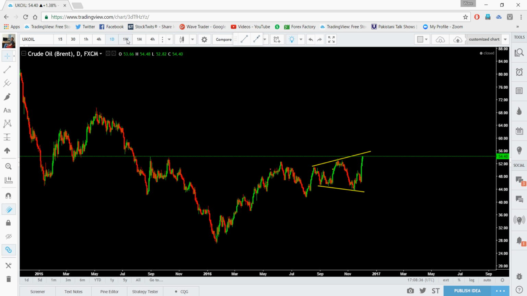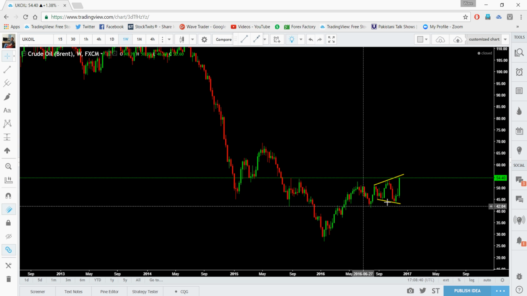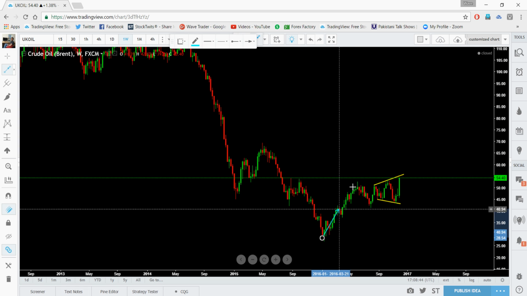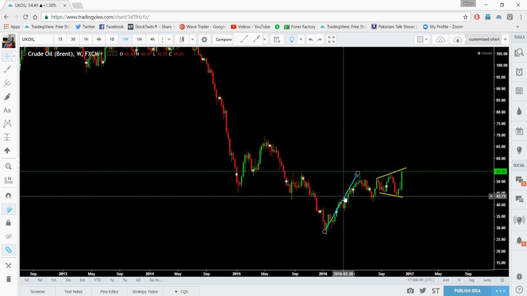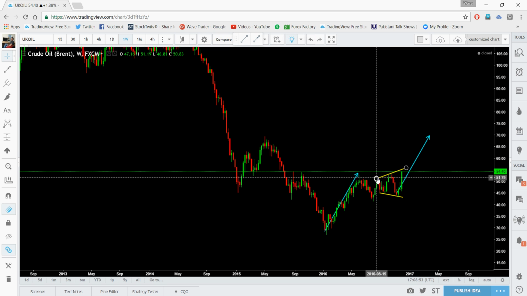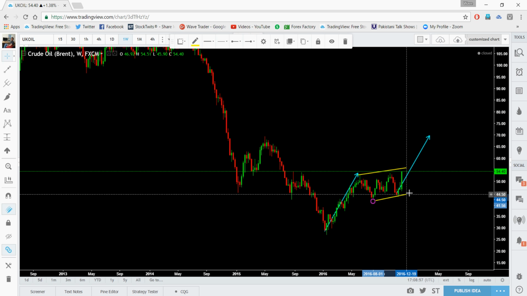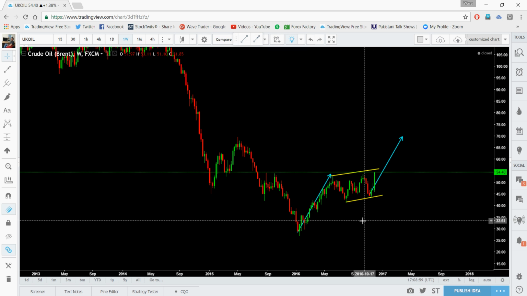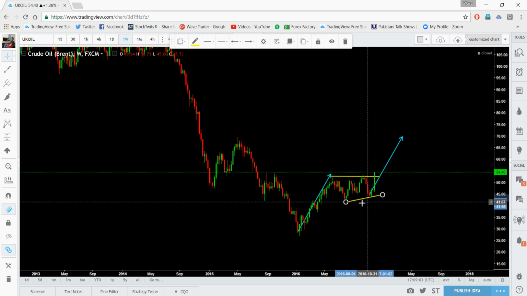Okay, so now what we are looking for at this moment on oil, we're anticipating that this is the impulse, and we may see the next impulse something like this. We are anticipating that price is gonna break out of this flat channel or trend continuation pattern, or it has already broken.